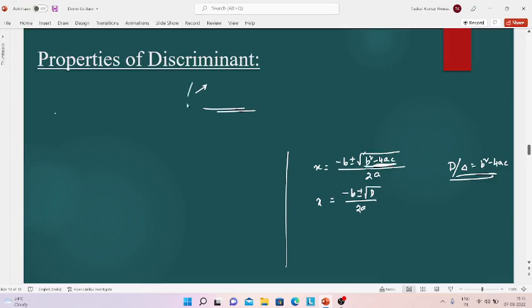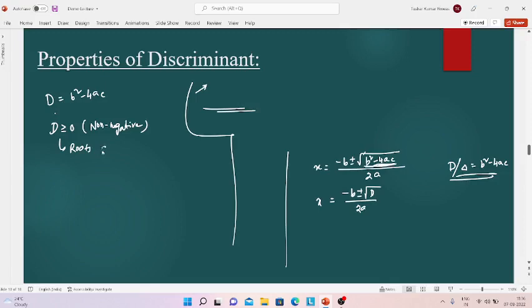What are the properties of the discriminant? We know, right, D equals to b square minus 4ac. The properties of the discriminant say that if the discriminant of a quadratic equation is greater than or equal to 0, I mean non-negative, then the roots are real.